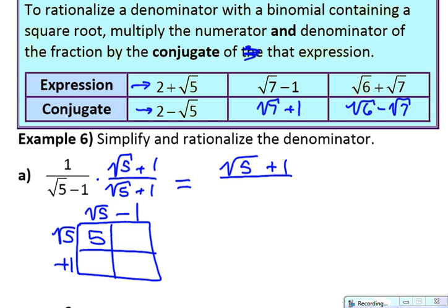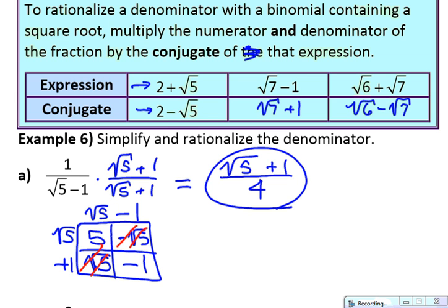Square root of 5 times negative 1 is negative radical 5. Bottom box 1, so that's a positive radical 5. And then positive 1 times negative 1 is minus 1. My radical 5s, one's positive, one's negative, so they make a 0. So I end up with 5 minus 1 is 4. No radicals there now, and that's the answer. There's nothing I can do to simplify that anymore.